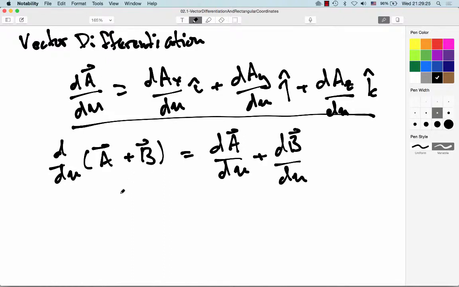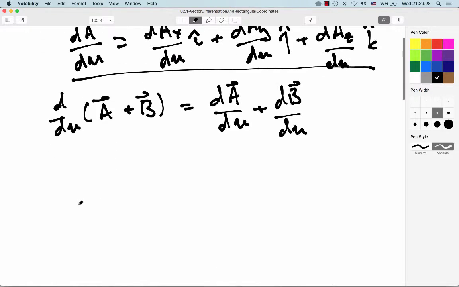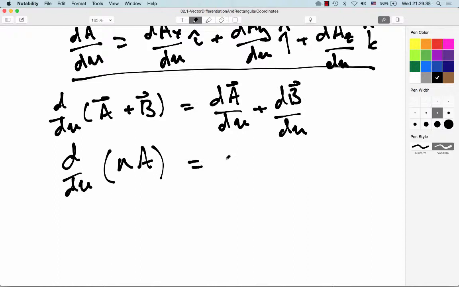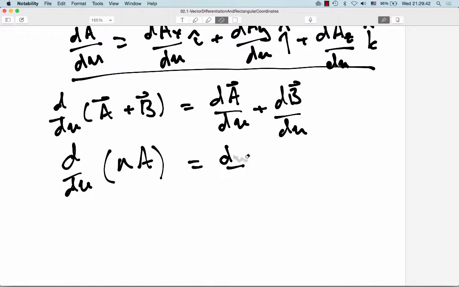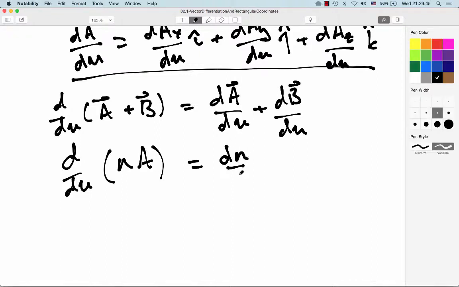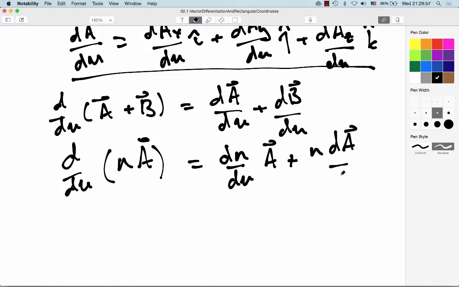Similarly, if I differentiate with respect to u some scalar n times A, the chain rule applies here. This will be dn du times A plus n times dA du. So the chain rule still makes sense.